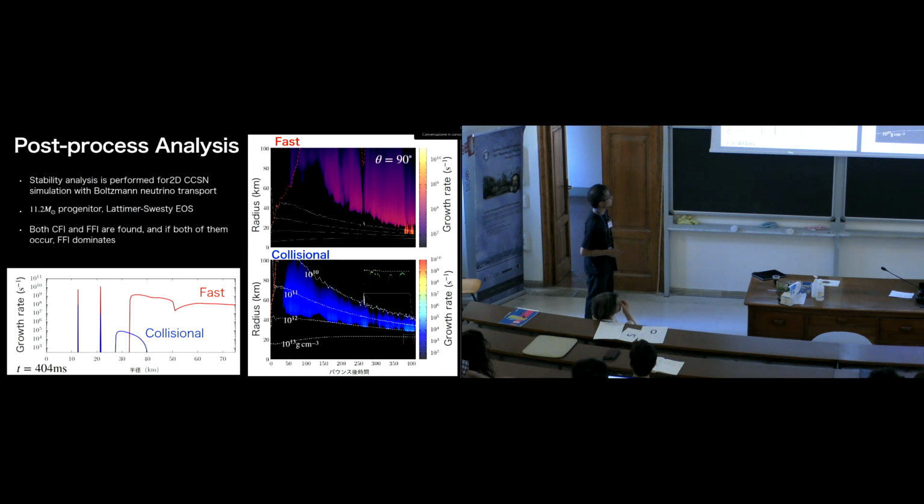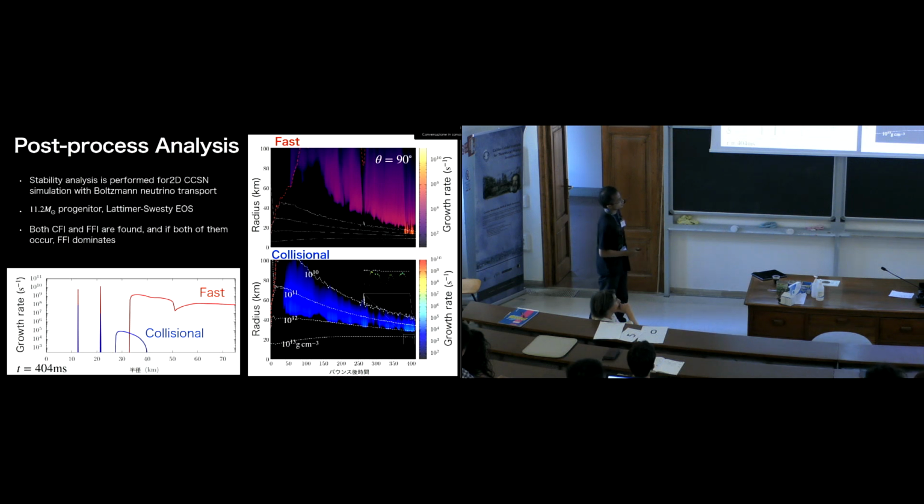This is the radial distribution, and this red line shows the growth rate for fast flavor instability, and this blue line shows the growth rate for collisional flavor instability. So generally, the positions where fast and collisional flavor instability occur are different, but if they occur in the same place, the fast flavor instability growth rate is clearly higher.